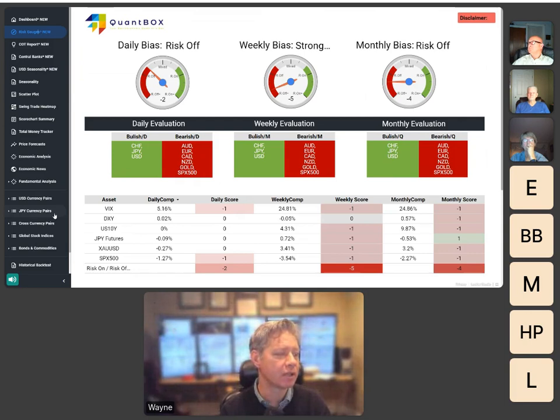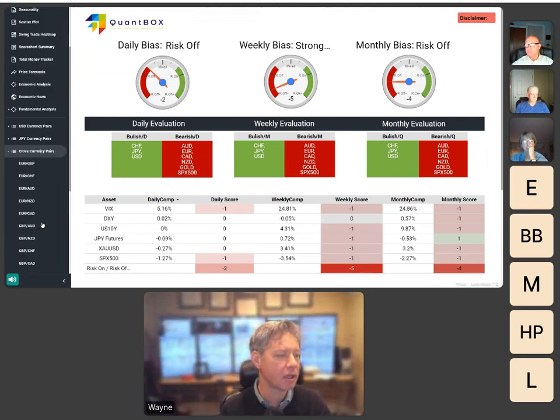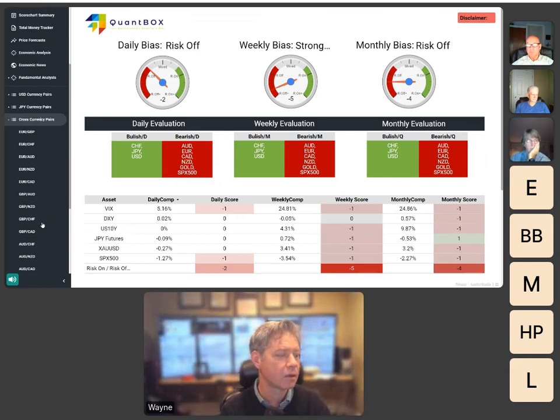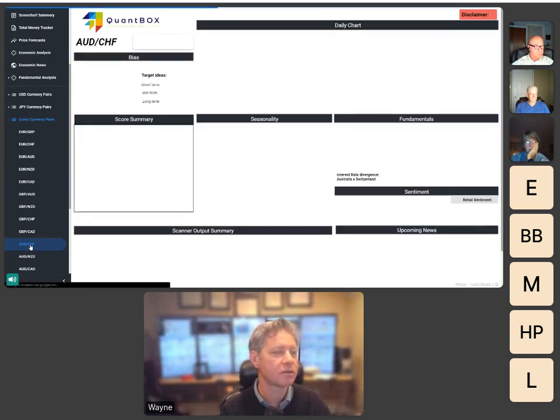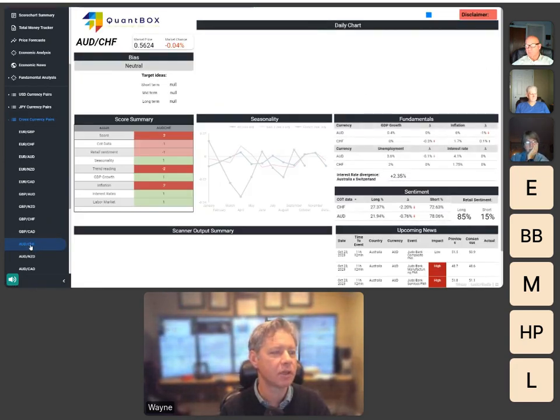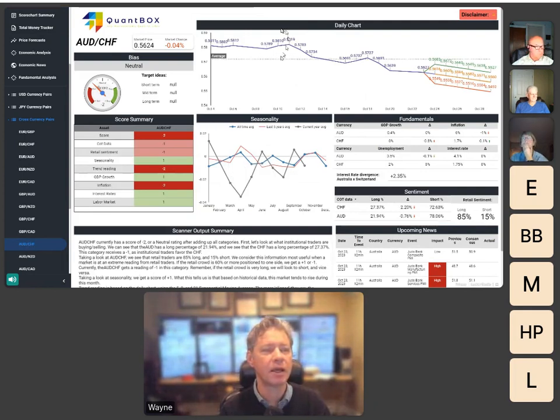So we can look at the historic data and do a cross like Aussie Swiss franc. Okay. And technically it's down. QuantBox is projecting this dropping all the way down to 55, best case scenario, if you're a bear. It's neutral because we're not quite there yet under normal conditions.